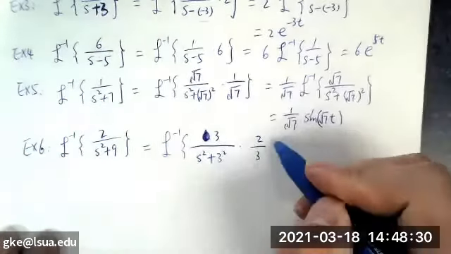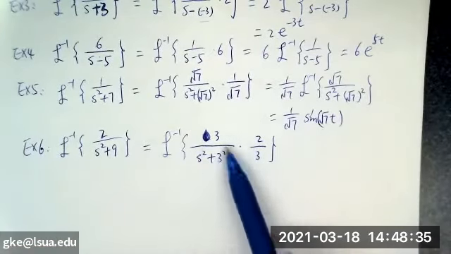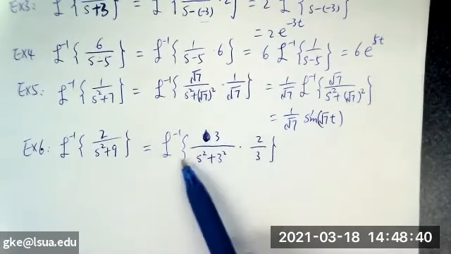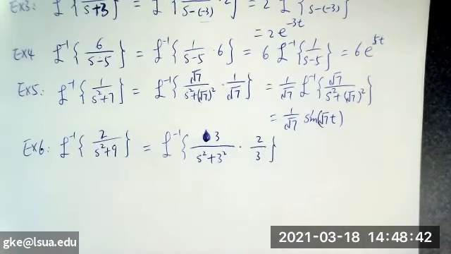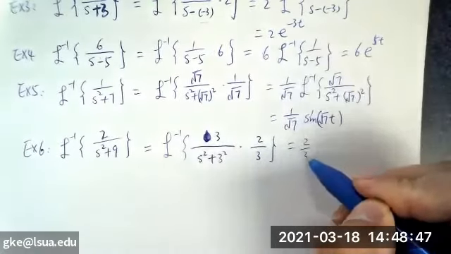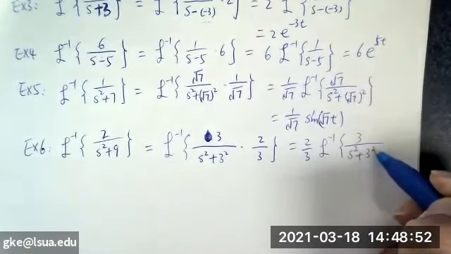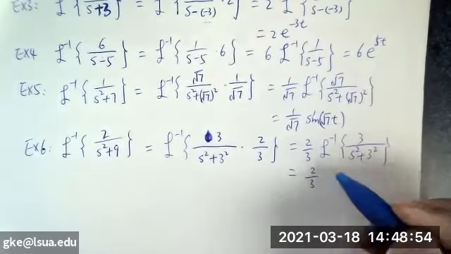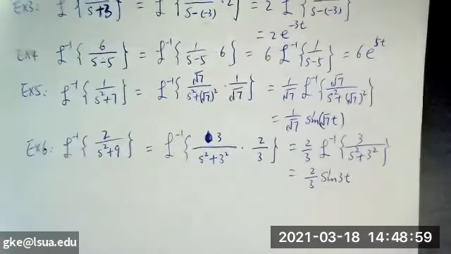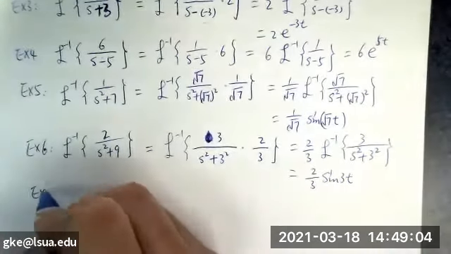When you multiply together, the 3 cancels out, and we still get the original one. So 2 over 3 sine kt, k is 3, so sine 3t. Okay, that's it. Example 7.